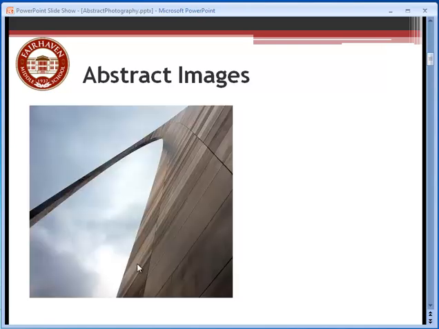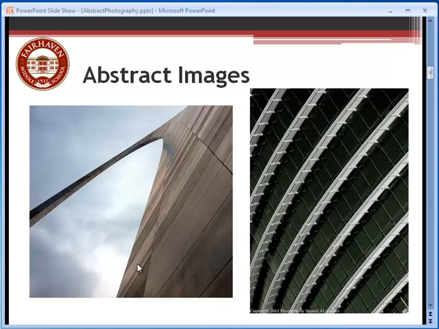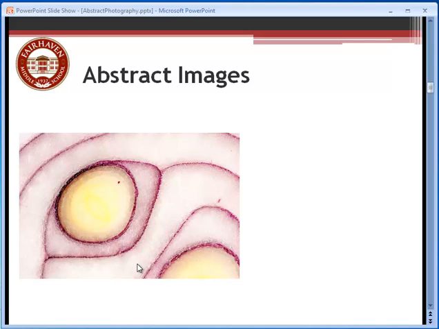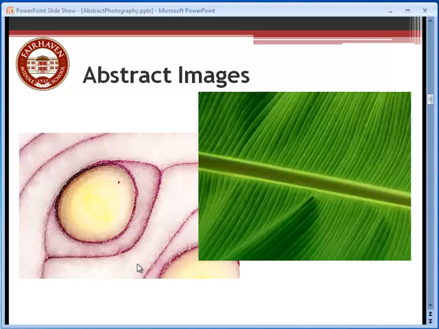Abstract images, I just want to show you a bunch of different examples of abstract images. When we think of abstract images, we usually think of images that don't really convey a realistic depiction of the world.